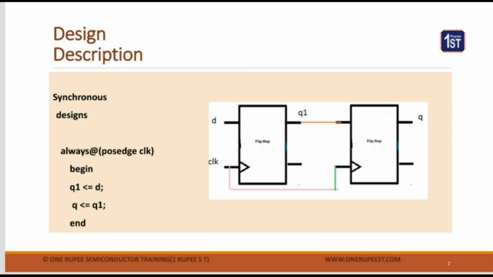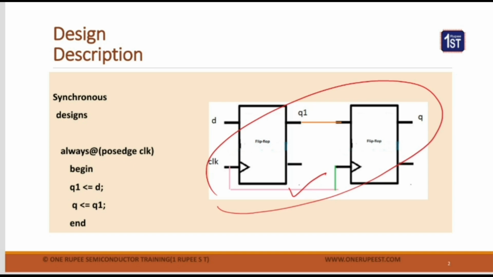Now consider I have a synchronous design like this, where we have a common clock, and I have a piece of code using an always procedural block, where always at the rate of passage of the clock, which indicates the rising edge of the clock, which is a low to high transition, and within this begin and end we have two non-blocking assignments.